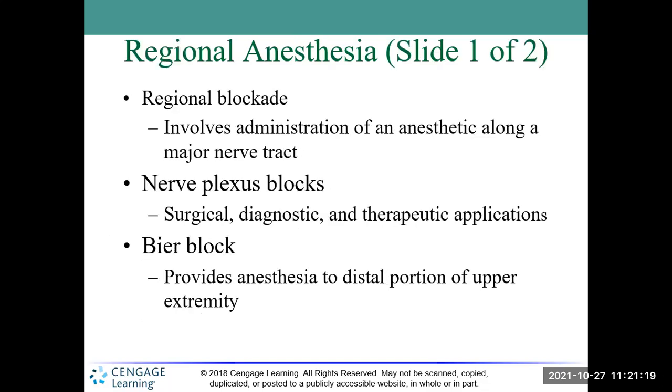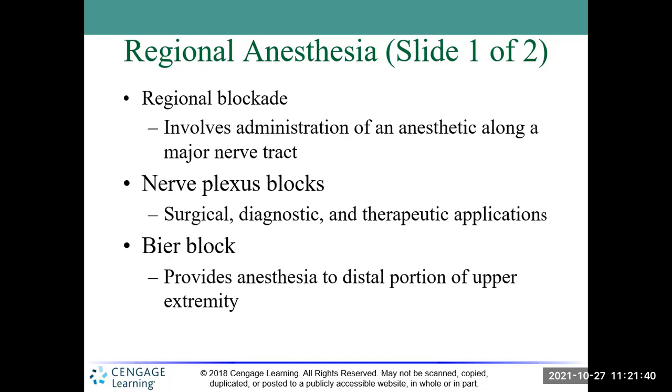And then of course that regional blockade is providing anesthetic agent along a nerve tract. So it's not just one local, it is a regional, it's broader. It'll provide pain relief along an entire nerve tract.